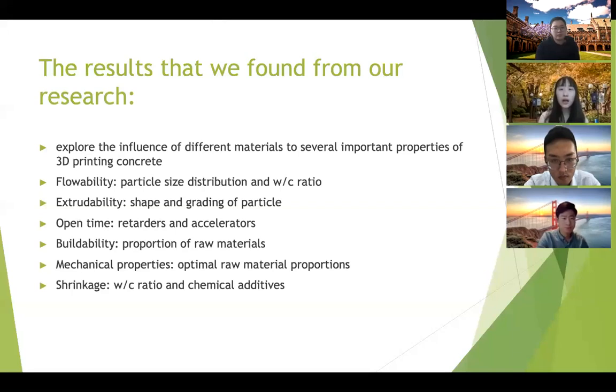Mechanical properties cover a wide range, but are mainly adjusted by the proportion of raw materials. Some optimal compositions are explored in the research. Last, increasing mineral admixtures, lowering the water-cement ratio, and adding shrinkage-reducing admixture can reduce shrinkage during the printing process.